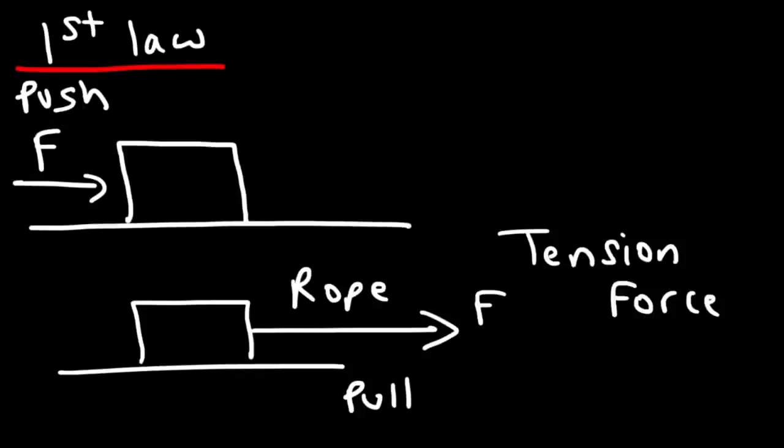So unless we apply a force, the box at rest will continue to remain at rest. Now let's say we have a box moving to the right, sliding across this surface. The only way to stop the box from moving in this direction is to apply a force in the opposite direction.